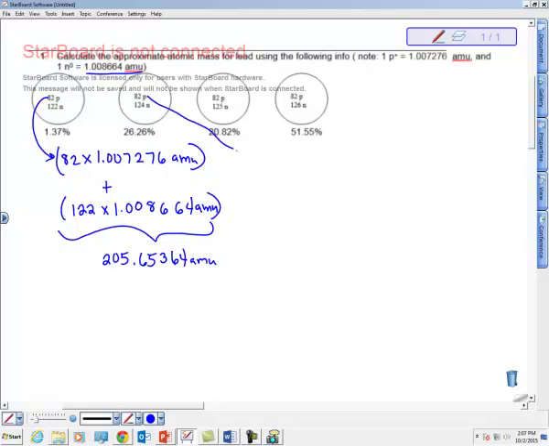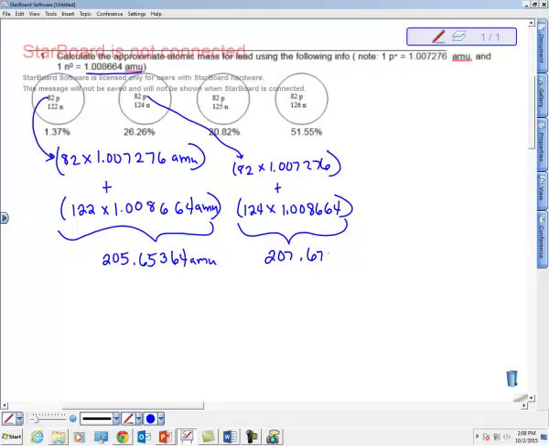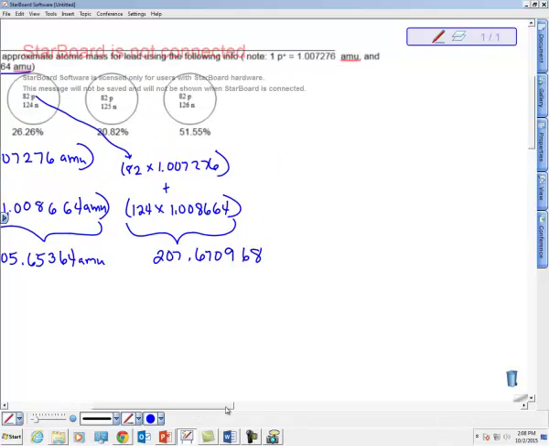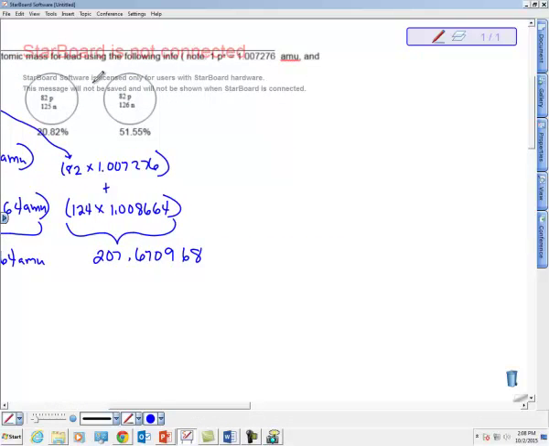So I'm going to do the second one over here. Second one, I got 207.670968. Can anyone confirm that for me? Great. Keep it rolling. I'm on the third one.